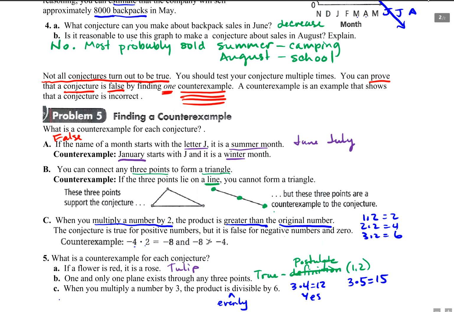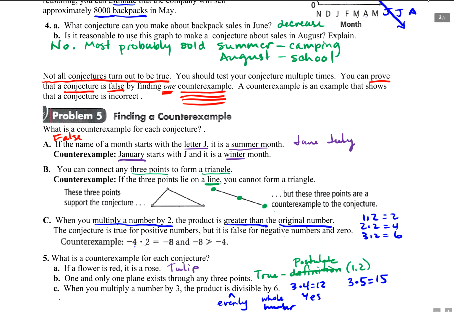So what the book is actually asking, and if it's going to ask this, it should ask this properly, because in geometry we assume nothing, is that the product is evenly divisible by 6, or is divisible by 6 to make a whole number. That would be acceptable as well, that we would end with a whole number.